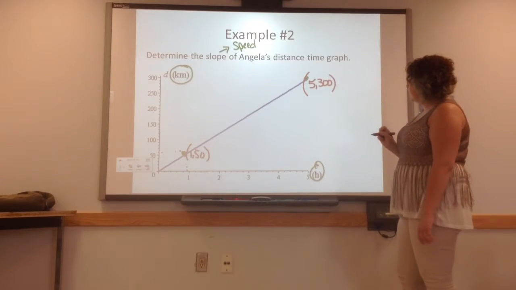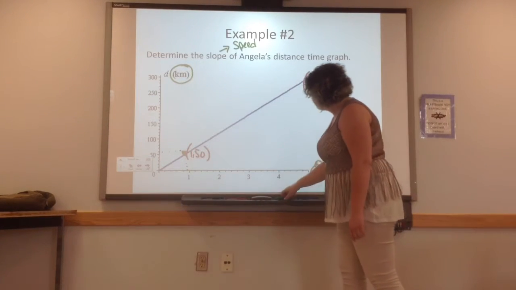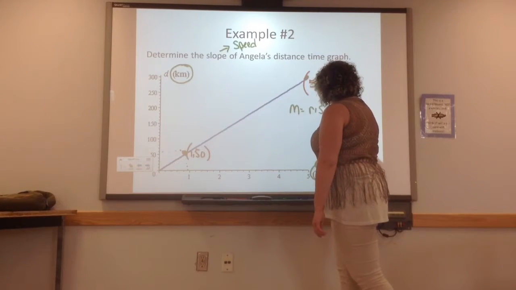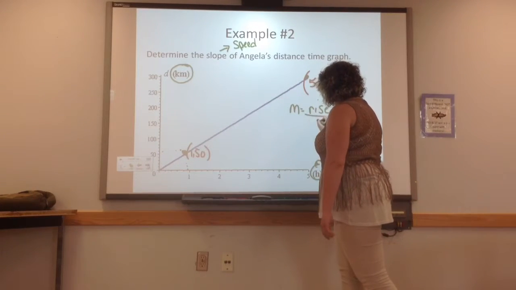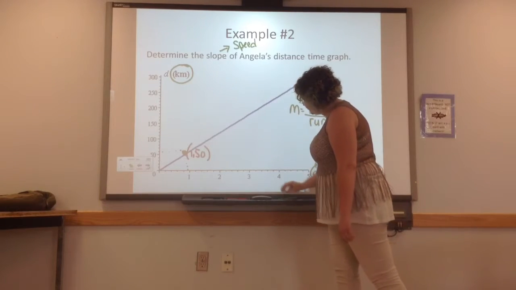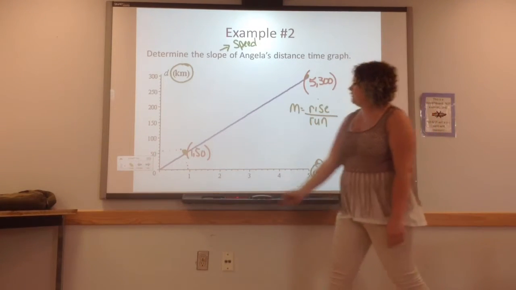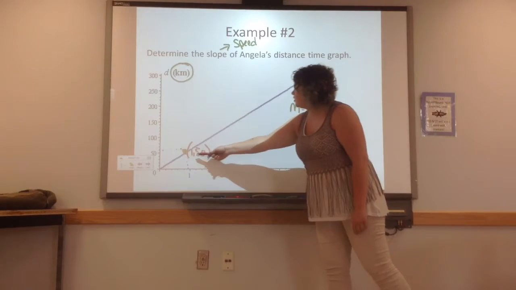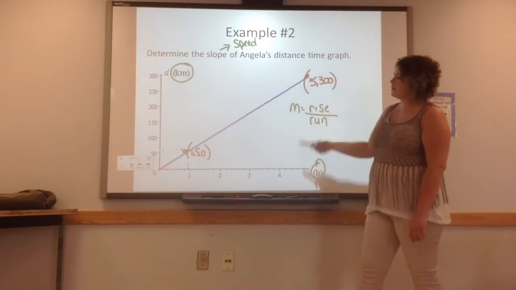Okay, so let's write our slope formula. Rise over run. So to get from this point to this point here, how much do we have to rise?